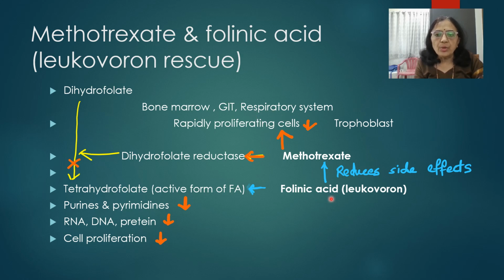But leucovorin, or folinic acid, does not require dihydrofolate reductase, and it directly gets converted to tetrahydrofolate, and that is how it blunts the action of methotrexate, or reduces the side effects without compromising the efficacy of methotrexate.